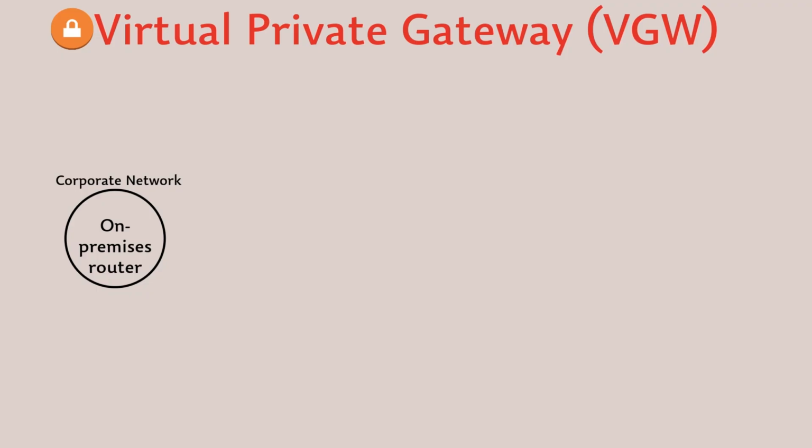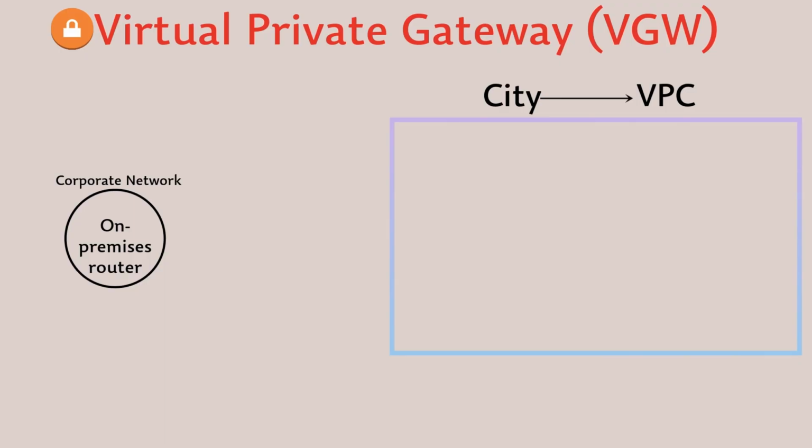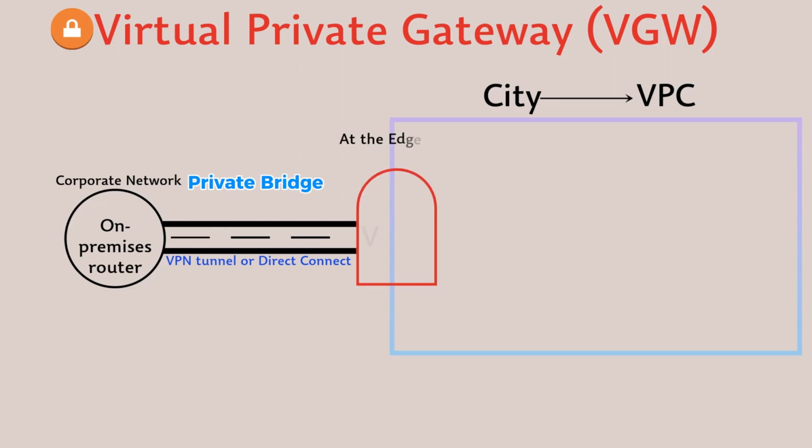Now let's understand what a virtual private gateway is. Let's consider an office building on the left side and AWS city on the right. There is a secure tunnel connecting the on-premises office building and the VPC city.